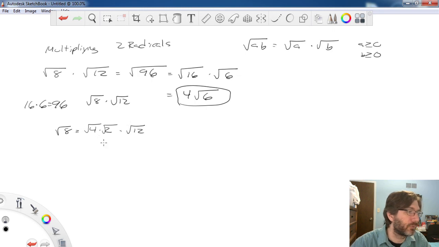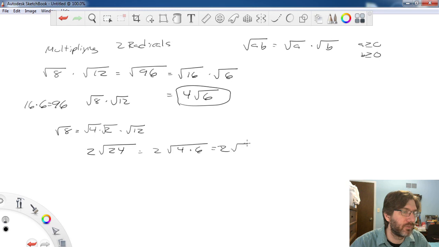The square root of 2 times 12 is 24, and I know 4 is also a perfect square there, so now we have 2 square roots of 4 times 6, which equals 2 times the square root of 4 times the square root of 6, which equals 2 times 2 times the square root of 6, which equals 4 square roots of 6.